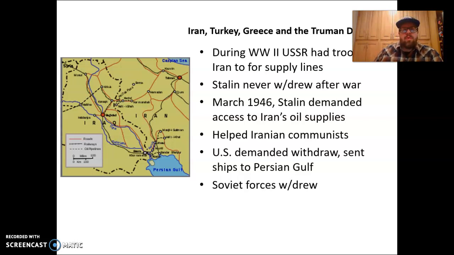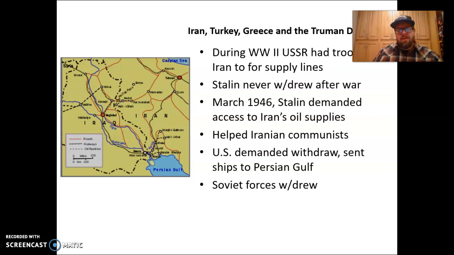And so they then established those supply lines, which then eventually became kind of a permanent influence in Iran by the Soviet Union. And so after the war was over, Stalin never pulled those troops out, and he just kept them there. And the hope was if he could keep those soldiers there, then he could influence Iran to possibly become a communist country. Okay?